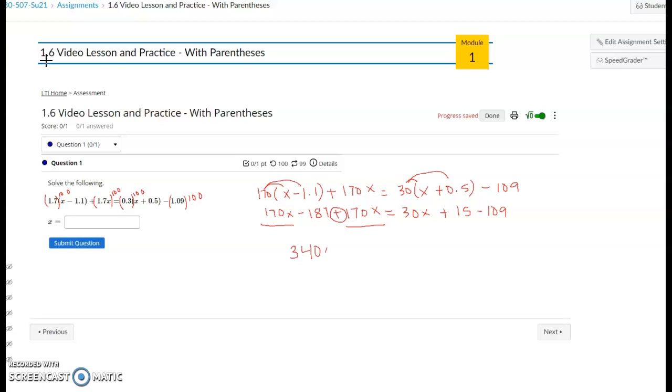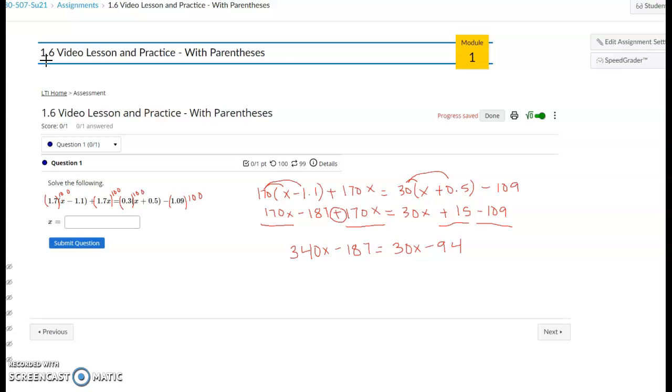So we get 340x minus 187 equals, on this right side I see I have a positive 15 but a negative 109. So again, I want to look at those signs in front of the term, and I end up with negative 94 there. Okay, so really important, keep the signs in front of the terms.